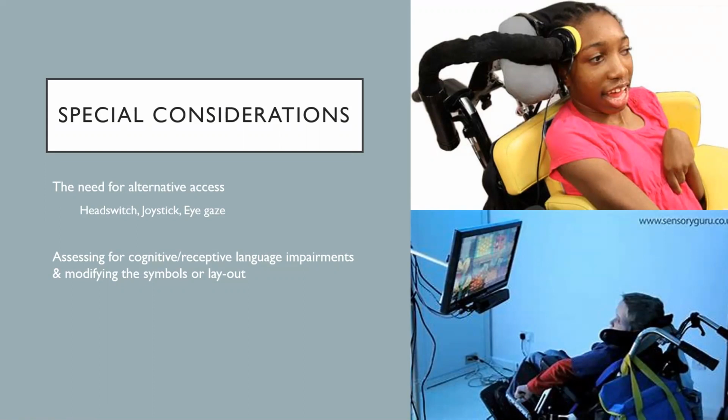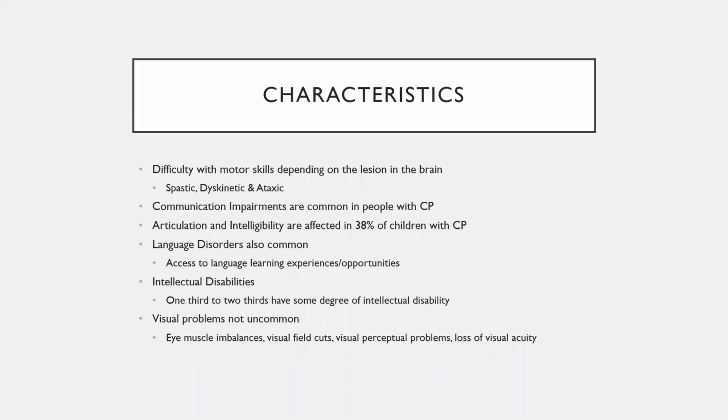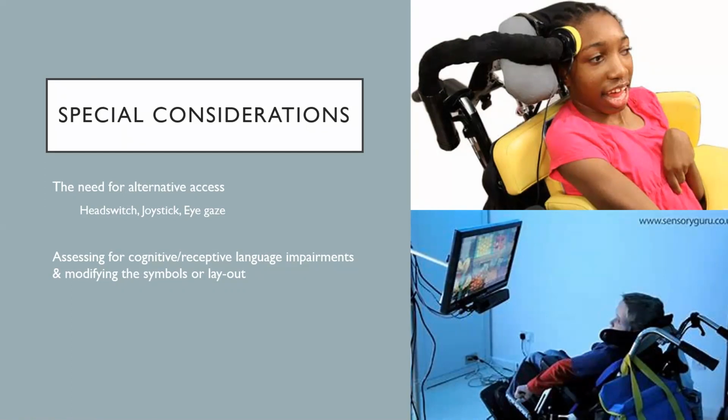Now, the other thing to consider is the need to assess for cognitive or receptive language impairments. As we know, sometimes you might see intellectual disability in 1/3 to 2/3 of people that have CP. So if that's the case, then we might need to think about modifying the symbols, right, or changing the layout.